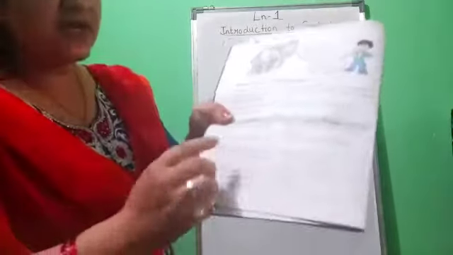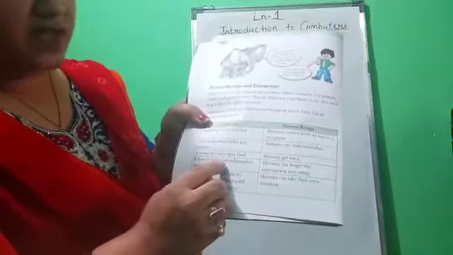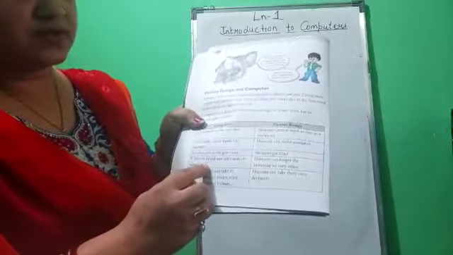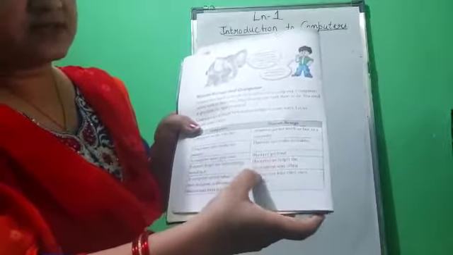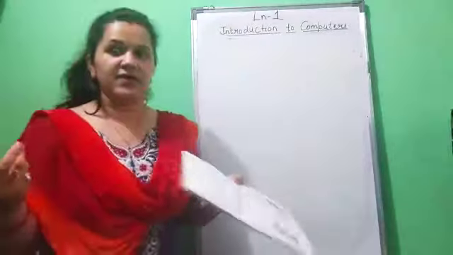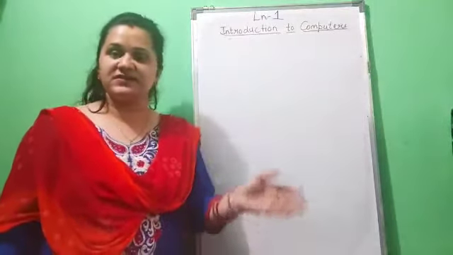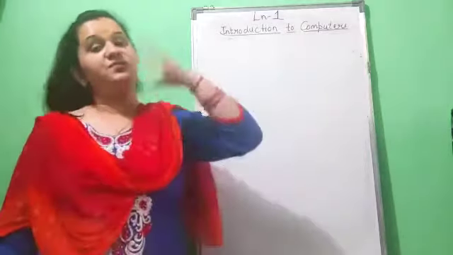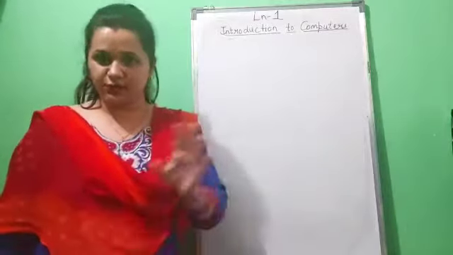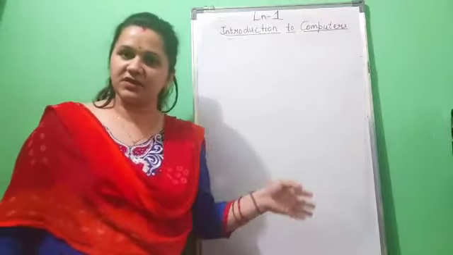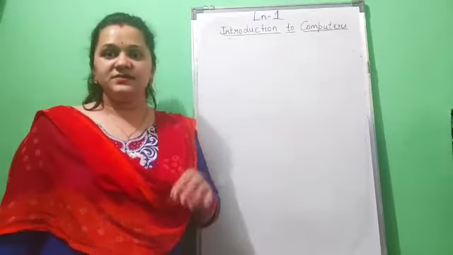Next, a computer does not forget any information stored in it. Humans can forget information very often. Children, you are not able to remember the question answers for long. Do you know the answers you learned in KG? What did you learn there?